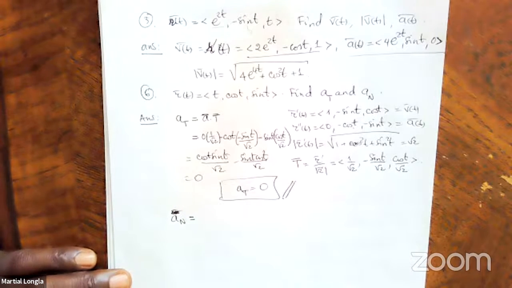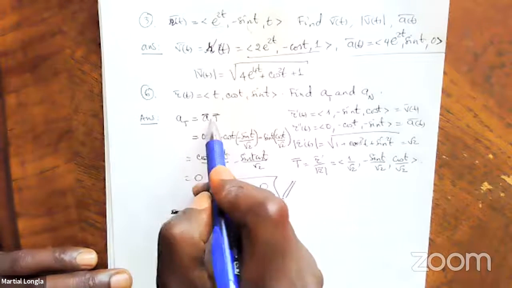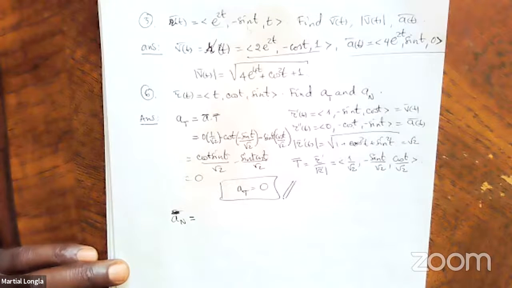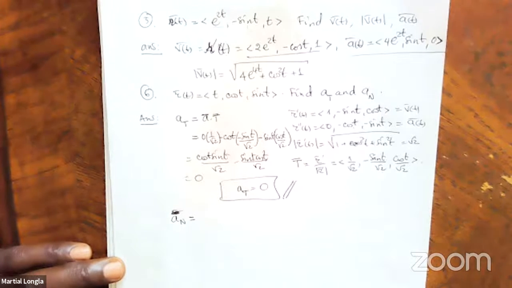They are not vectors. So you can't give the answer as a vector. You can't have a dot product that is equal to a vector. Now, what formula do we use for AN? A cross V over magnitude of V. Right there, you have the mistake I just talked about.